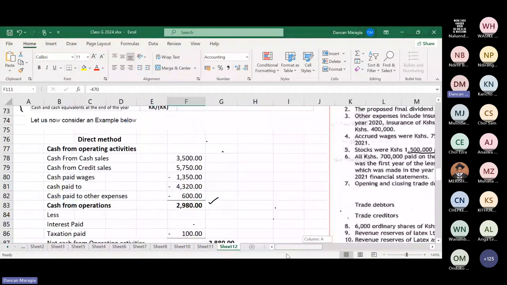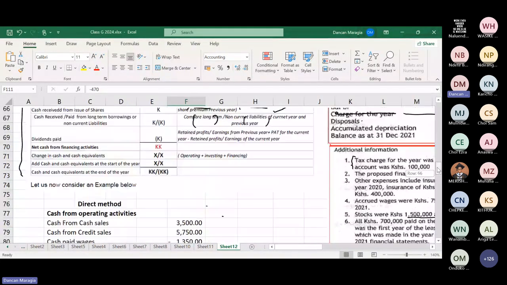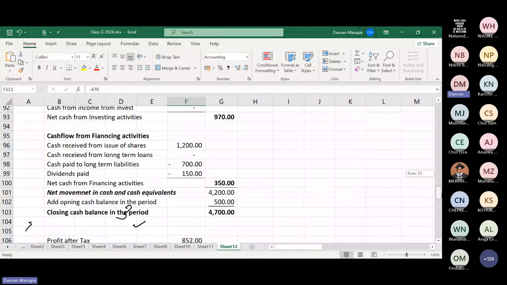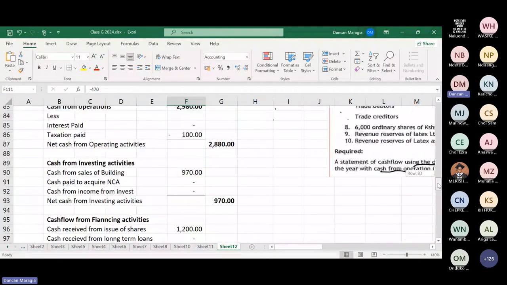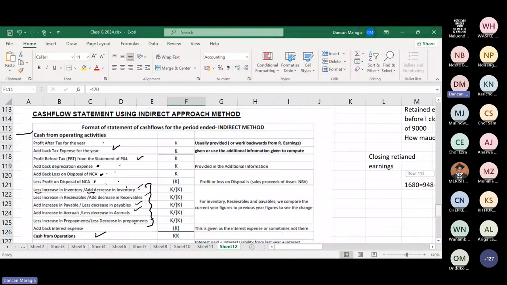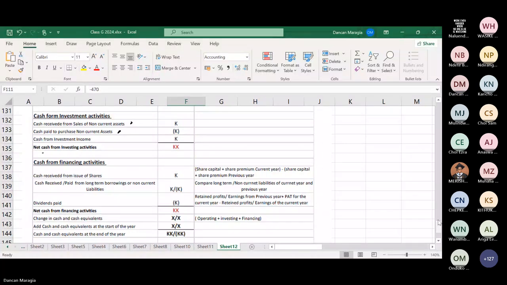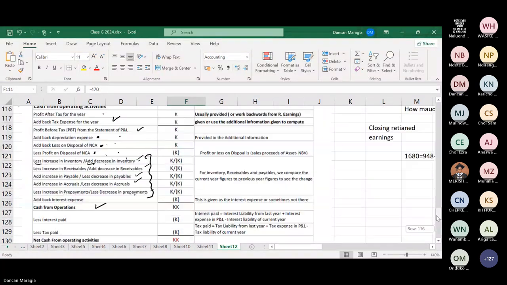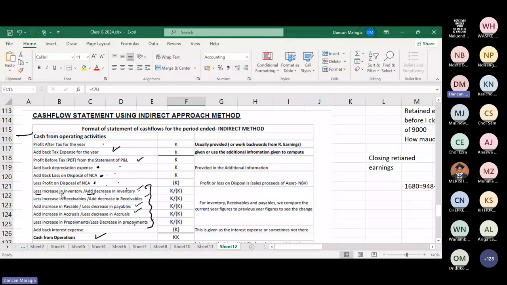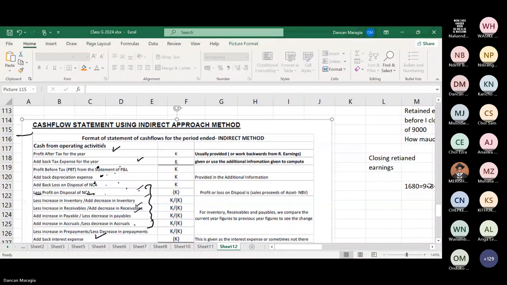So when there is an increase, remember stock is inventory. So when there is an increase in stock or inventory, what do we do? We add or we less? They increased, so what are we going to do? Less 200,000.